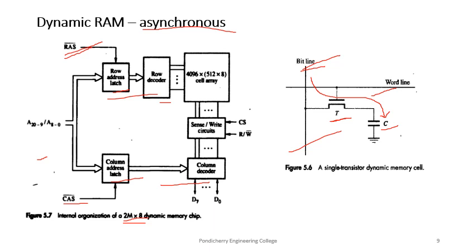This byte is selected by the column address, and if you have a latch at the output of the sense amplifier in each column, the application of the row address will load the latches corresponding to all bits in the selected row, the entire row. Then it is only necessary to apply different column addresses to place these bytes onto the data lines, because the entire set of bytes will be there in the latches.